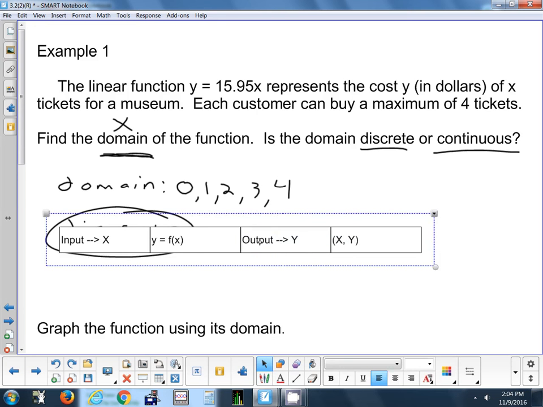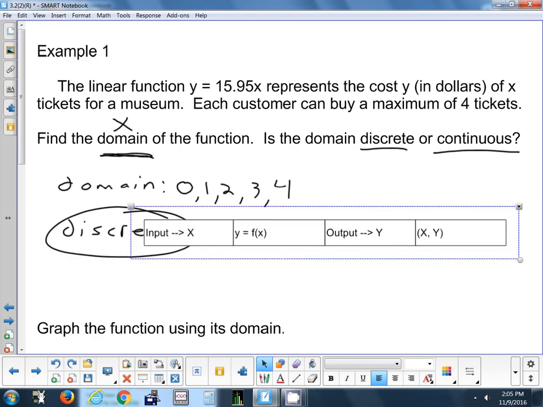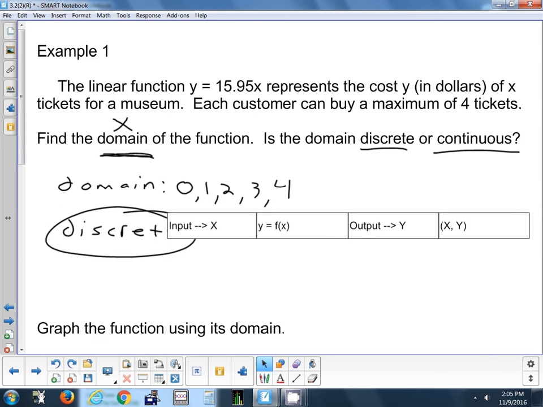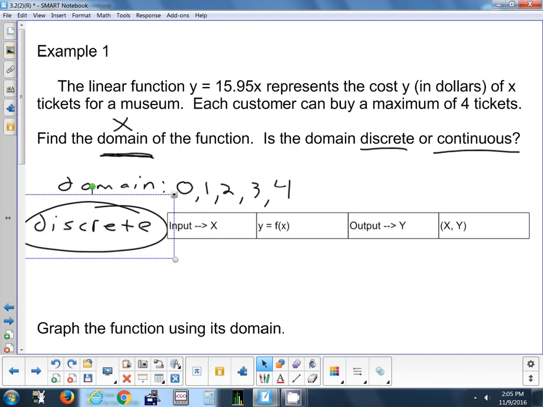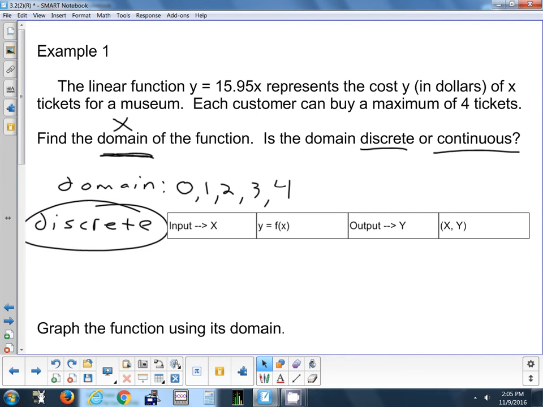I'm just going to try to squeeze it in. I'll just put it right there. Why don't you put it below it? I have a graph down below. All right, so my input. What are the 5 values that I'm allowed to use for x? 0, 1, 2, 3, and 4.